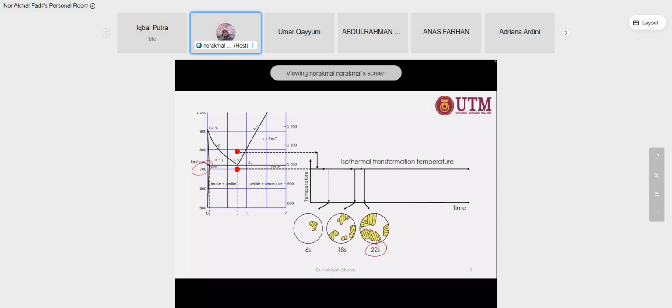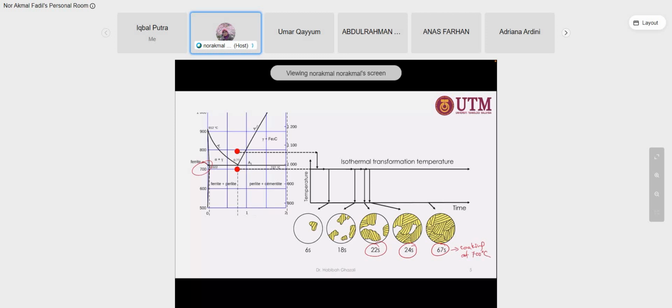Okay, after 22 seconds, you can see more pearlite. Then, if you prolong the soaking time before the quenching to 24, you can see more microstructure of pearlite. And then it is completely transformed into 100% pearlite at 67 seconds soaking at 700 degrees Celsius.